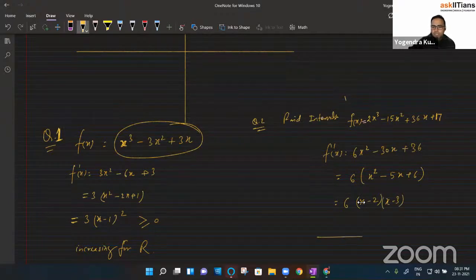We should be good in that part. Like this, Vedic method, we should know 2, 3. Two times it will intersect, positive, negative. So increasing in what interval? Minus infinity to 2, 3 to infinity increasing, decreasing in 2 to 3.